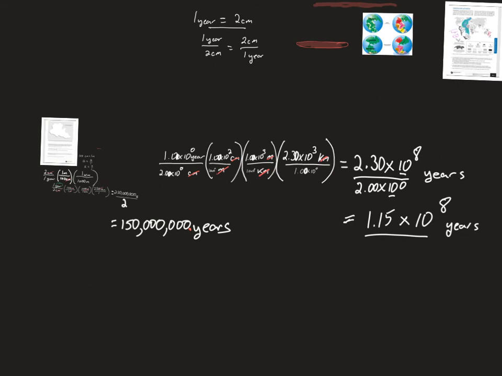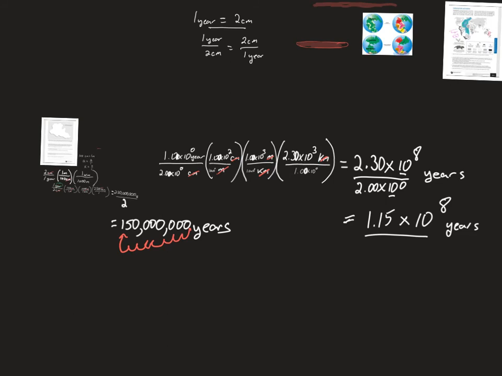So let me redo that. 1, 2, 3, 4, 5, 6, 7, 8. So 1.15 times 10 to the 8th would equal 115 million years.